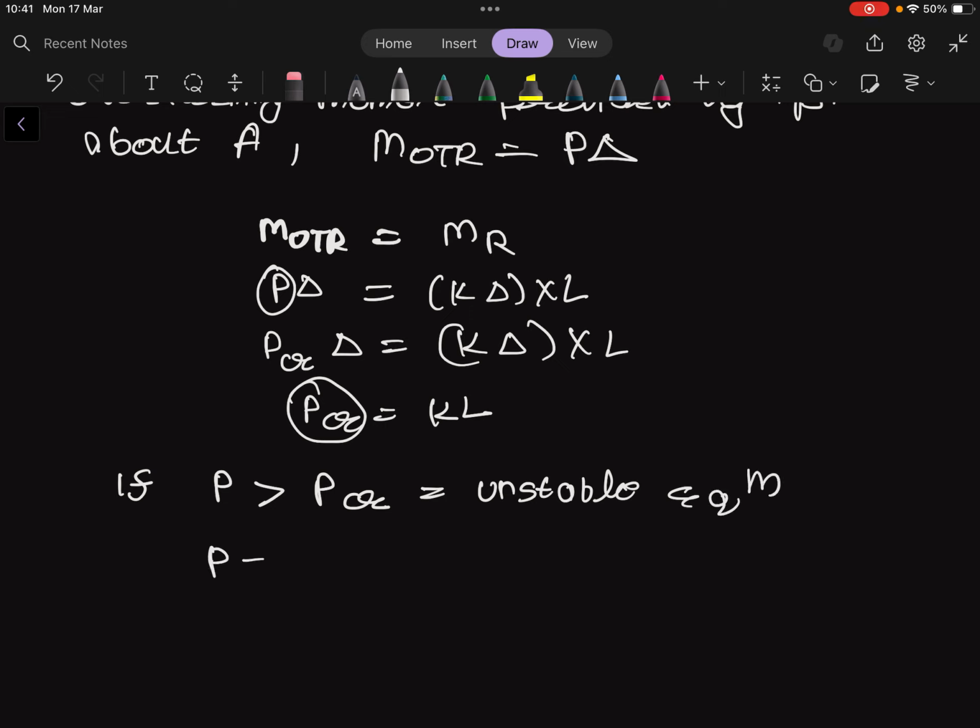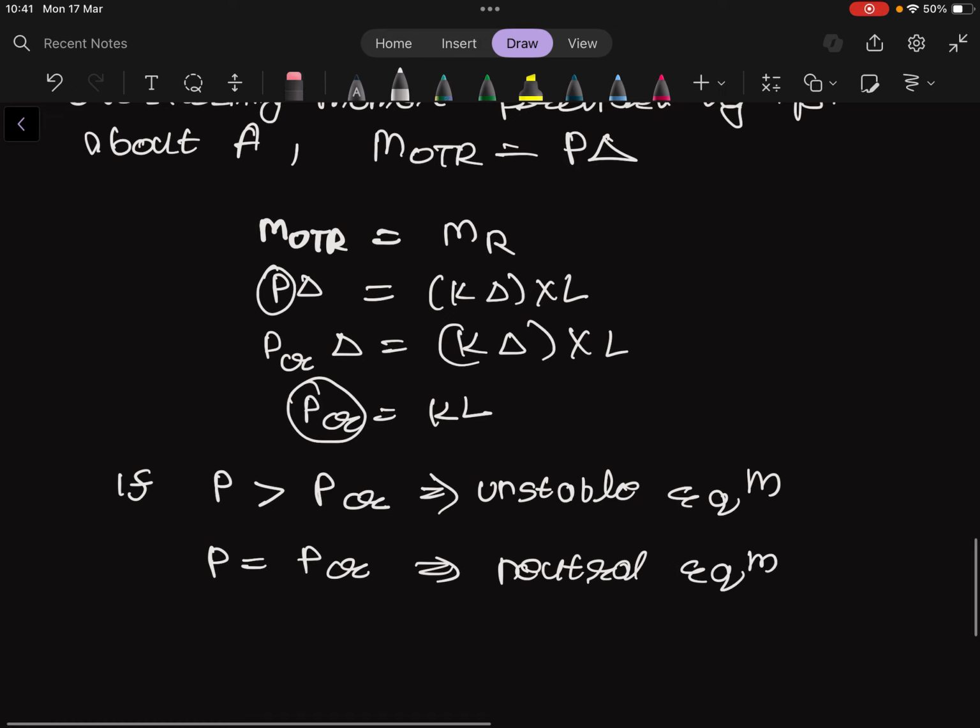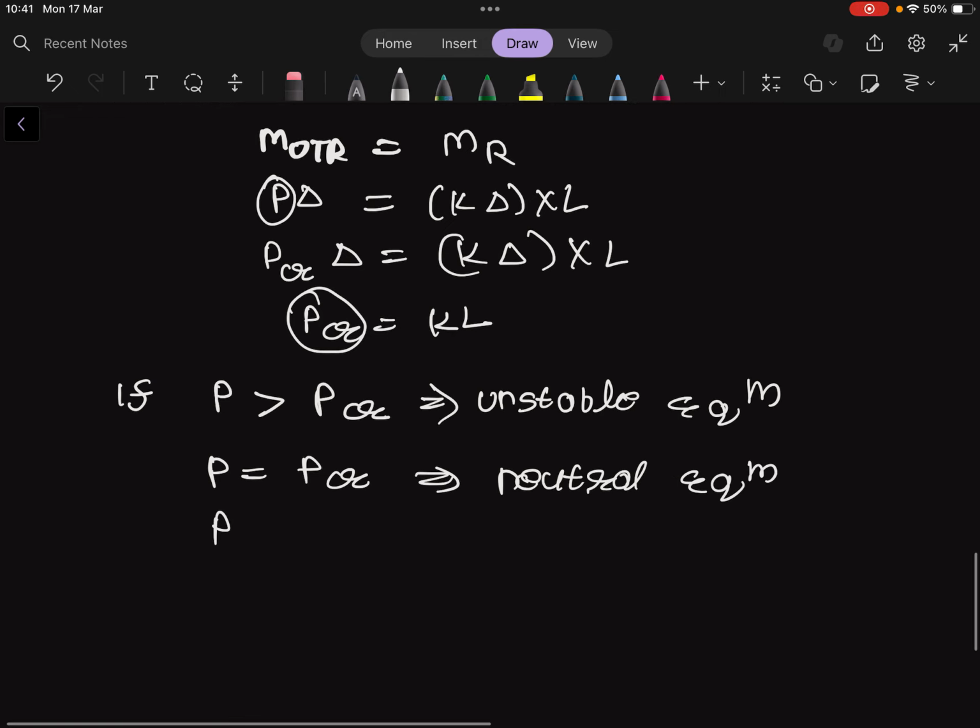If P is equal to P critical, we are in neutral equilibrium. And if P is less than P critical, then we are in stable equilibrium.